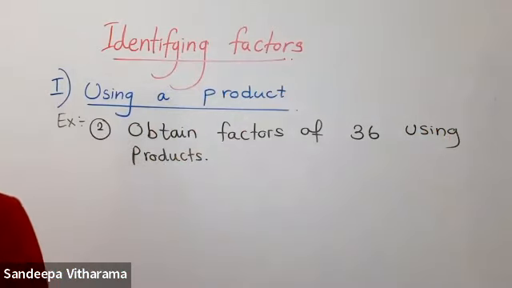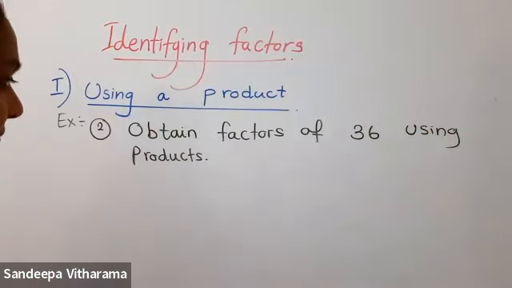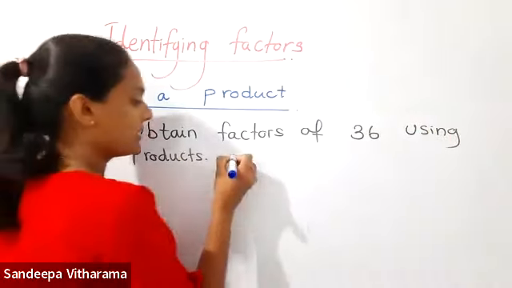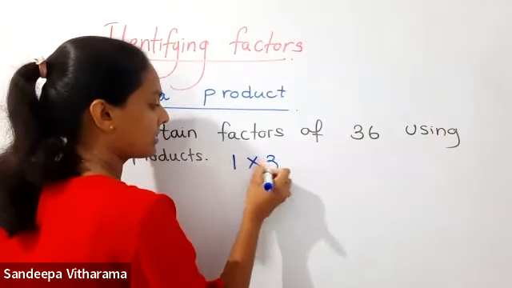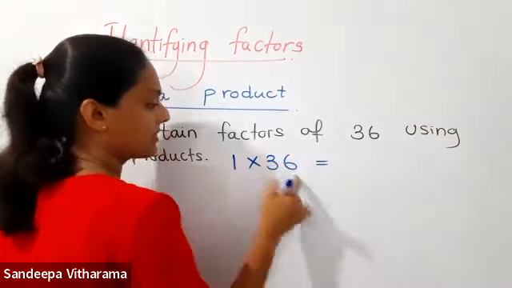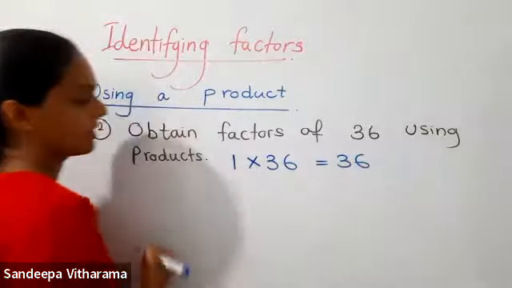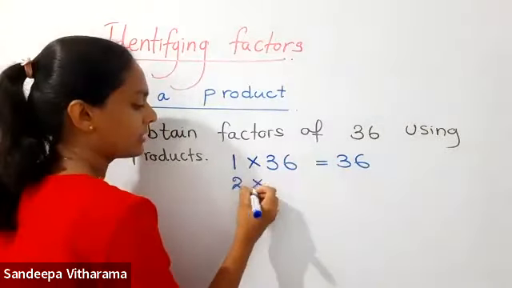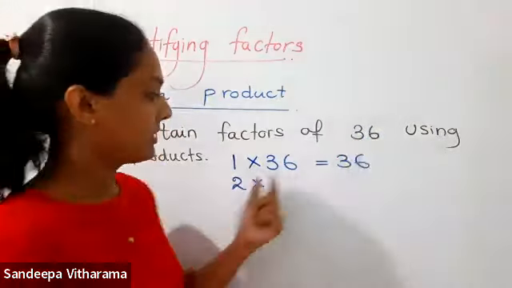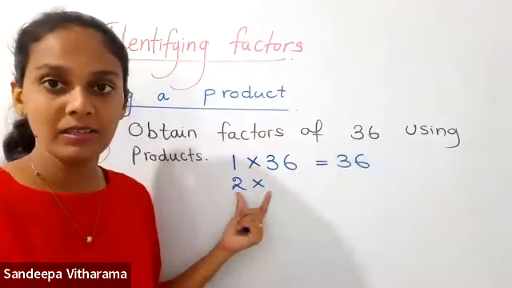How can we obtain 36? See how we can obtain 36. Definitely we can obtain 36 by 1 into 36. So one time, 36 certainly comes. Next, to obtain by 2. Yes, because 36 is divisible by 2.